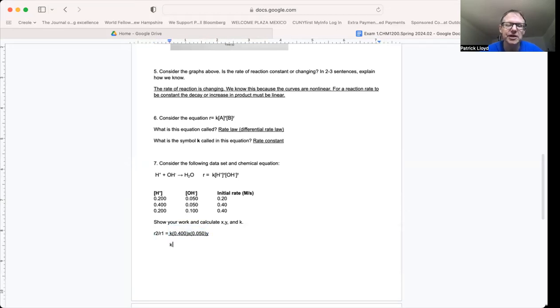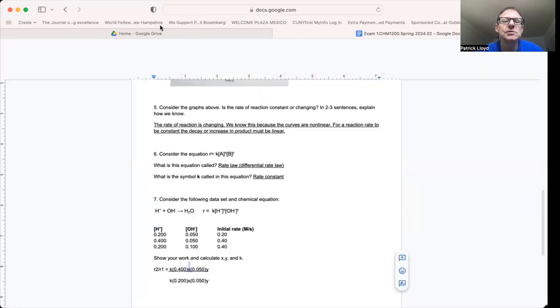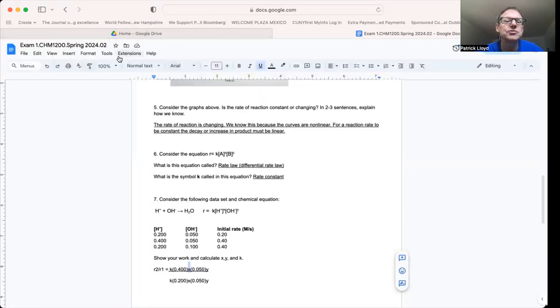There we go. And then we'll do K, and then experiment 1, which is 0.200 and 0.050. 0.200, and that would be to the X. And then 0.050 to the Y. Okay. And then I'll just go ahead and superscript these.